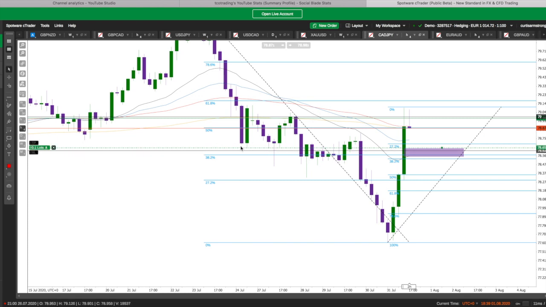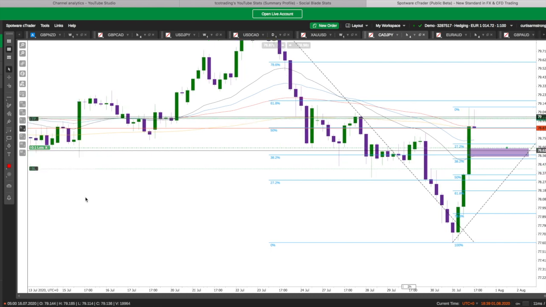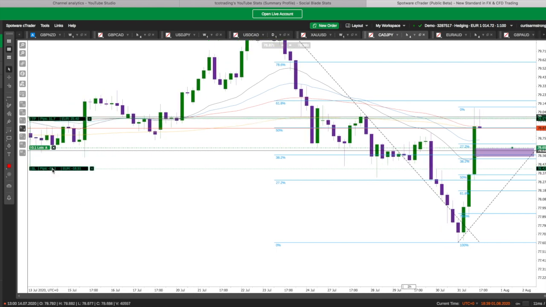Get in, because we've got these wicks here which we might reject. And let's go for a 23 pip stop loss, so we're below this wick spike here, and target this previous high up here. So yeah, that looks good. So we've got a 23 pip stop loss, 30 pip TP.